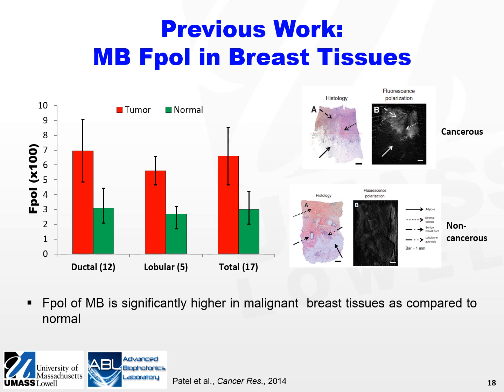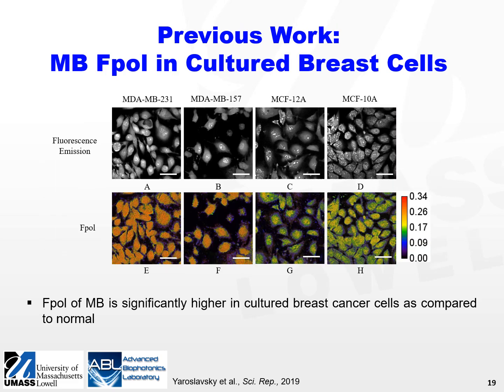Previous work at the Advanced Biophotonics Laboratory demonstrated that fluorescence polarization of methylene blue is significantly higher in malignant breast tissues as compared to normal. Another study from our group showed that fluorescence polarization of methylene blue is significantly higher in cultured breast cancer cells as compared to normal.